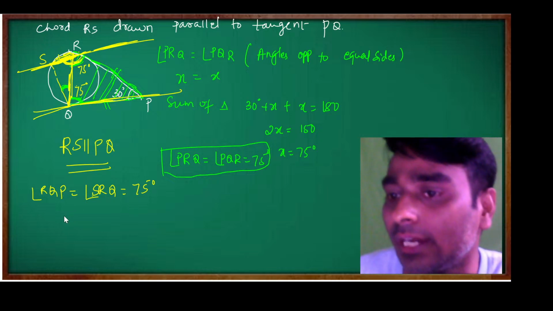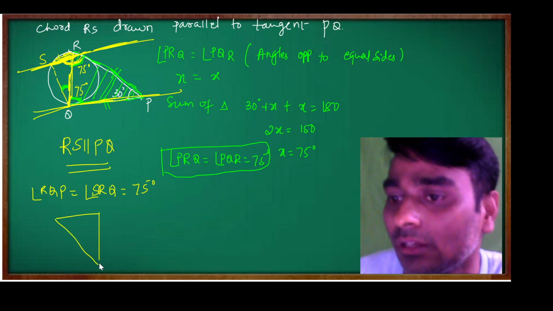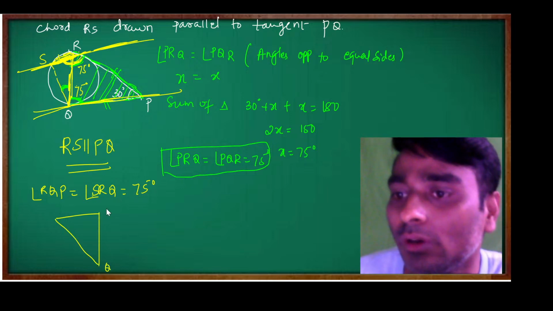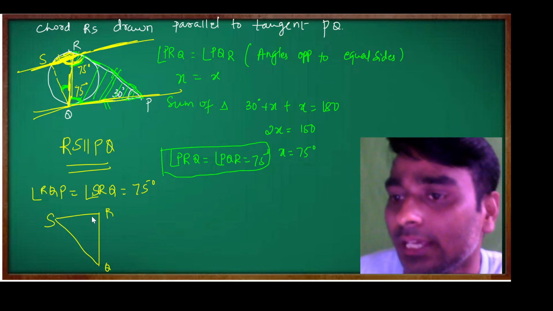This is QR and here SRQ is this angle, 75 degree.